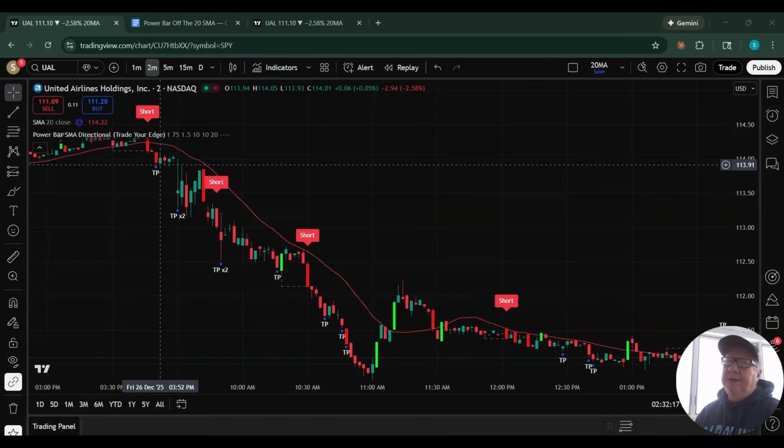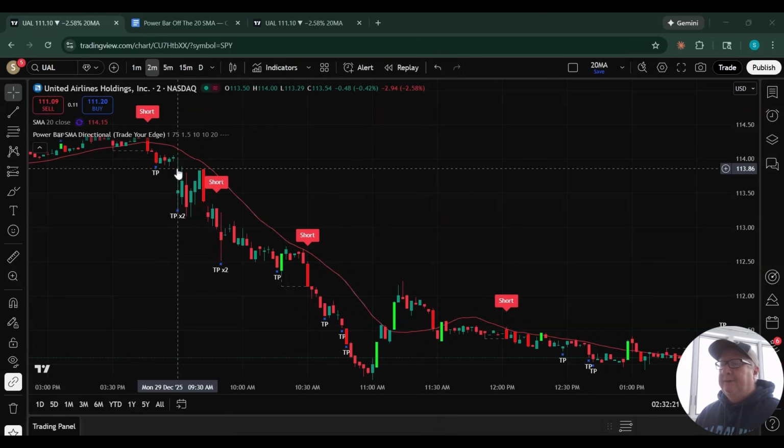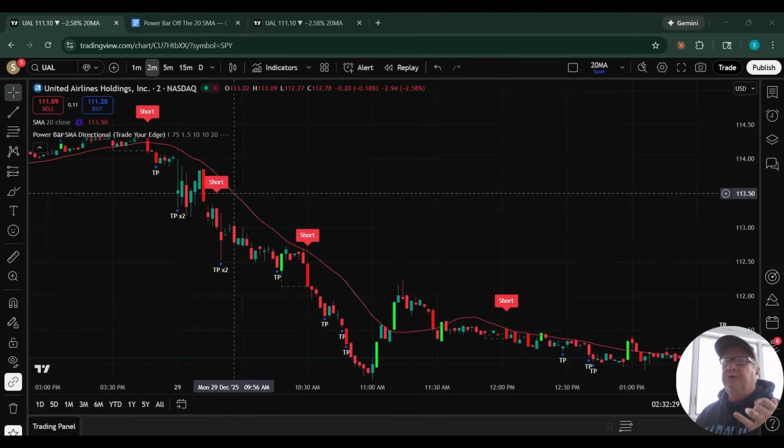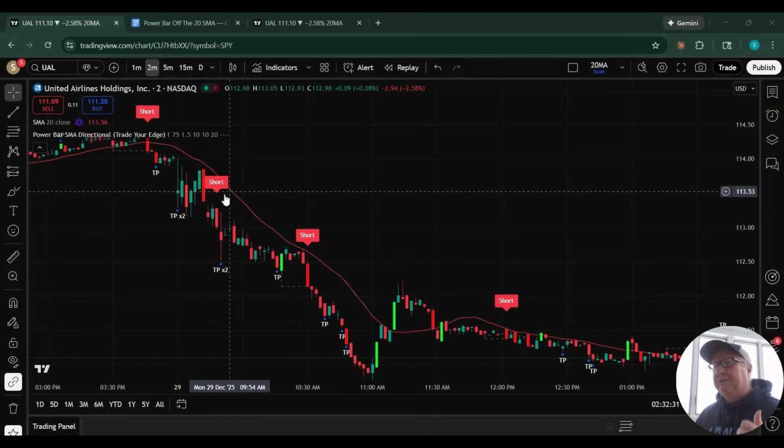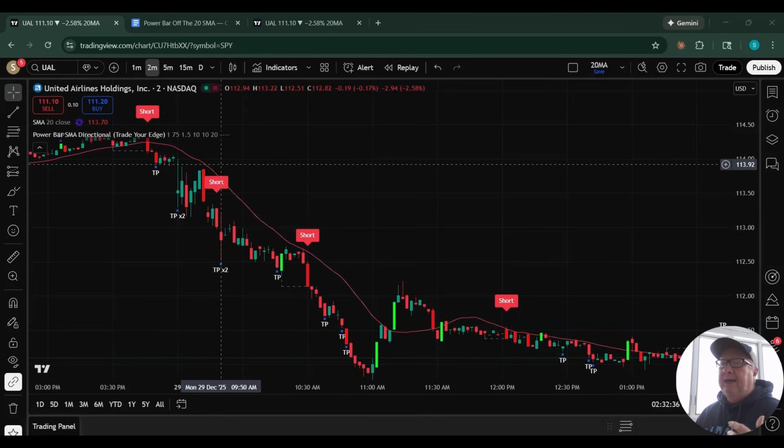You're probably trying to determine, or you should be, support and resistance levels, whether you're using something like Fibonacci's or the 20. You're trying to determine the risk in the trade. How much are you risking on each trade? Where should you exit, either profitably or with a stop? And you're trying to do this all at the same time when you don't have a lot of experience doing it.